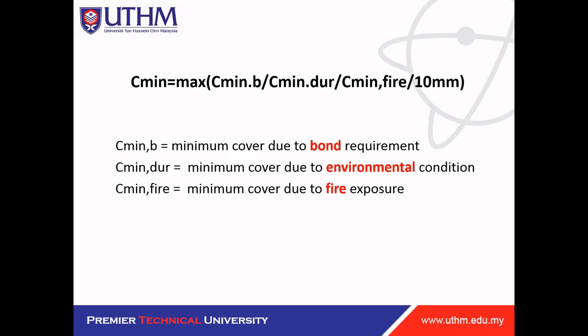For C min, when you have C min for bond, C min for durability, C min for fire, or the 10 mm deviation, you must choose the maximum. Why choose the maximum? Because it means this C min will be able to sustain the C min bond, durability, fire, and the deviation.